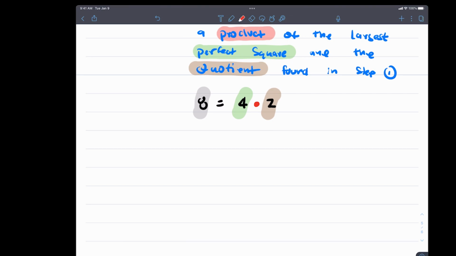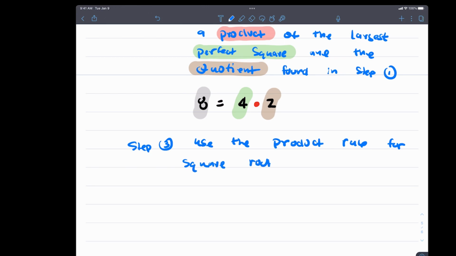All right, you ready for step 3? Here you go. Step 3. Use the product rule for square roots to evaluate the perfect square.